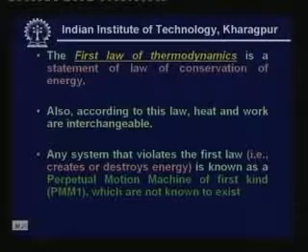And it has been observed that PMM1 does not exist. That means even though people have made several attempts, nobody could create a perpetual motion machine of the first kind which can create energy or destroy energy. Since nobody could succeed, we assume that it cannot exist. That means the violation of the first law cannot exist, so the first law must be true. So this is the logic.